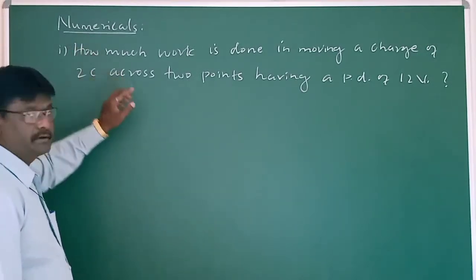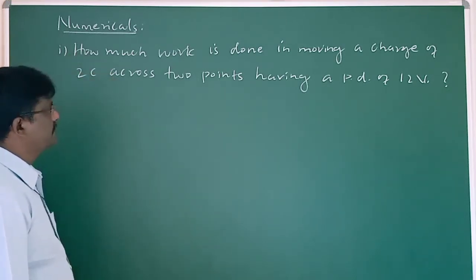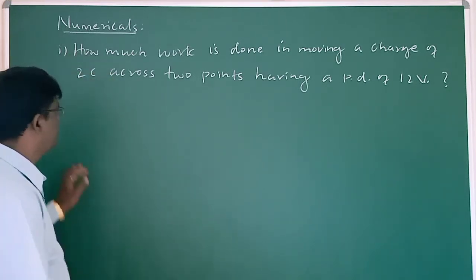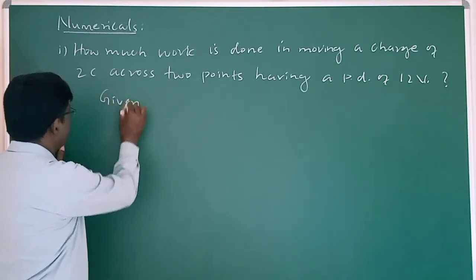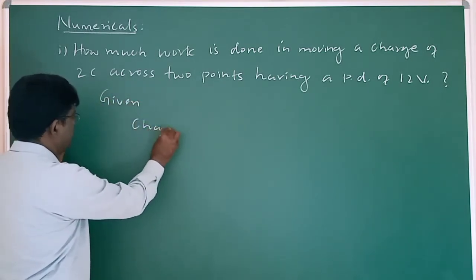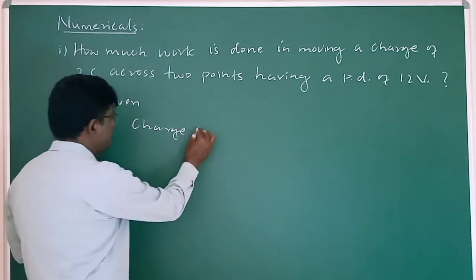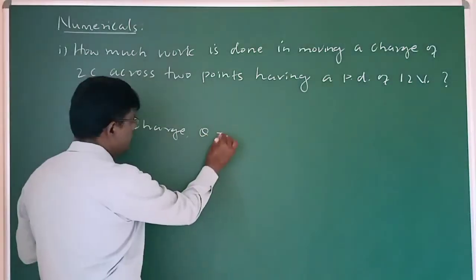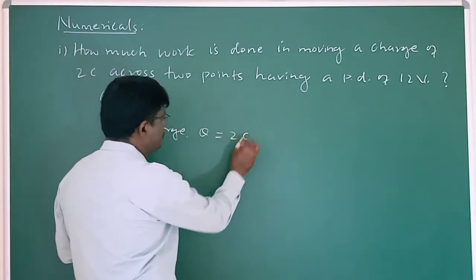Numericals on potential difference. First one: how much work is done in moving a given charge? So first we have to write in words the charge and its symbol and its magnitude.